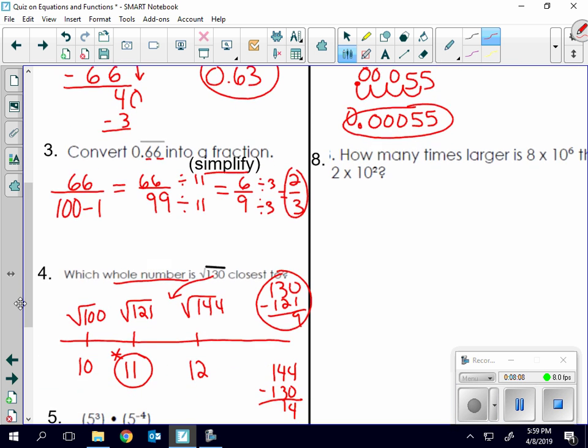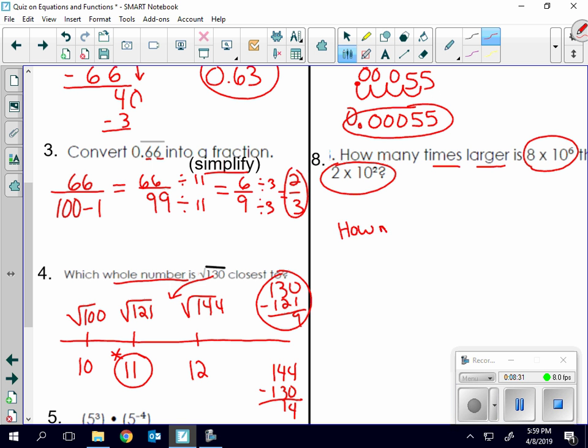And how many times larger is one thing than another? No, this was not in our packet, but I did talk about it when we did the packet. You need to know what operation to use here. So many people, I think, subtracted. If I ask you how many times larger, let's write this down.